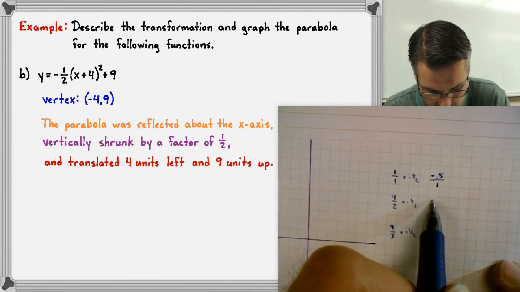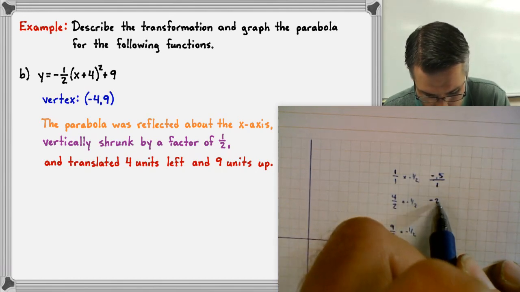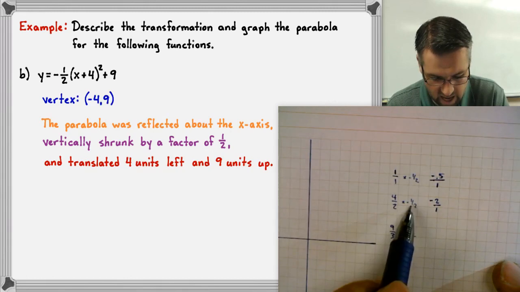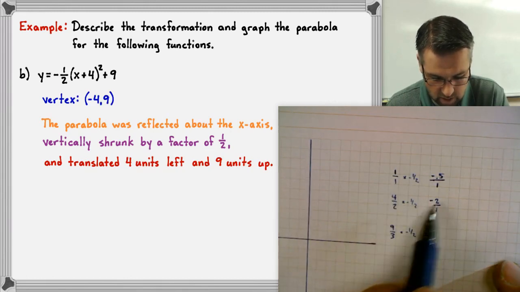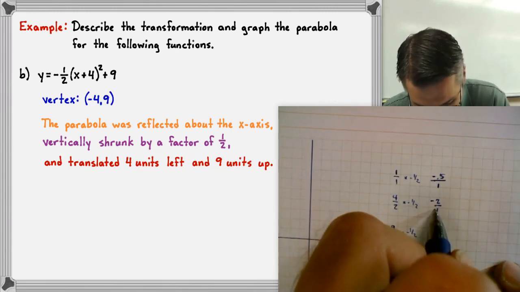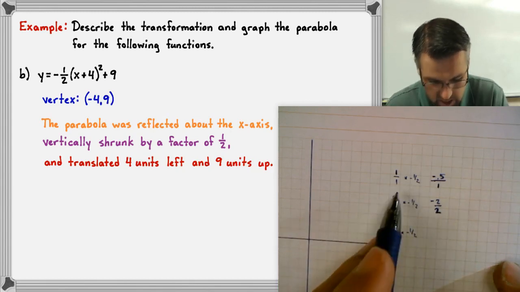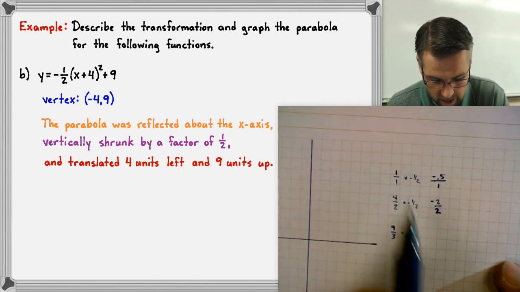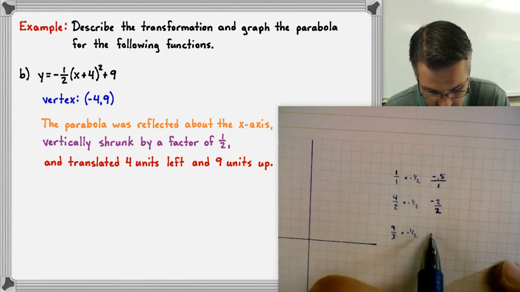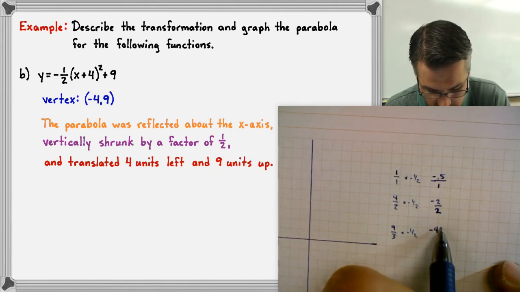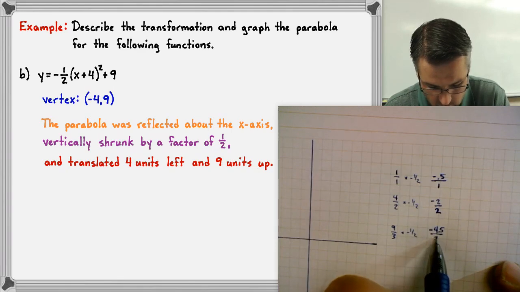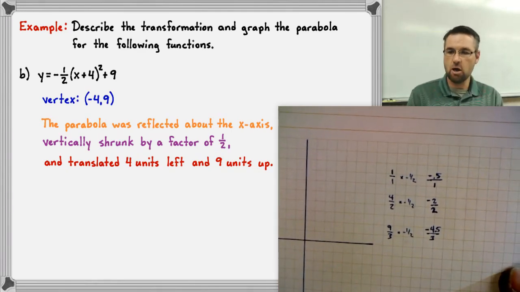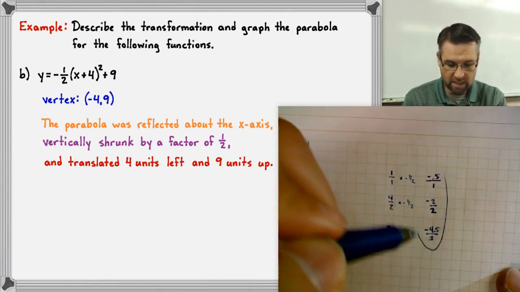Here, we're going to get negative 2 over 1, because half of 4 is 2, and then we just keep the over 2. Keep the denominator the same; just multiply the numerator by 1/2. Well, what is half of 9? Half of 9 is 4.5, and then over 3. So we can see our new slope pattern based on those values.